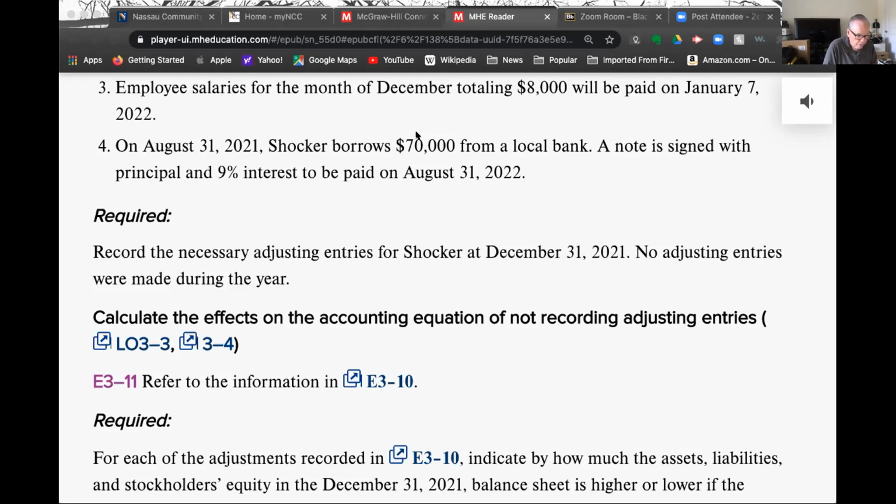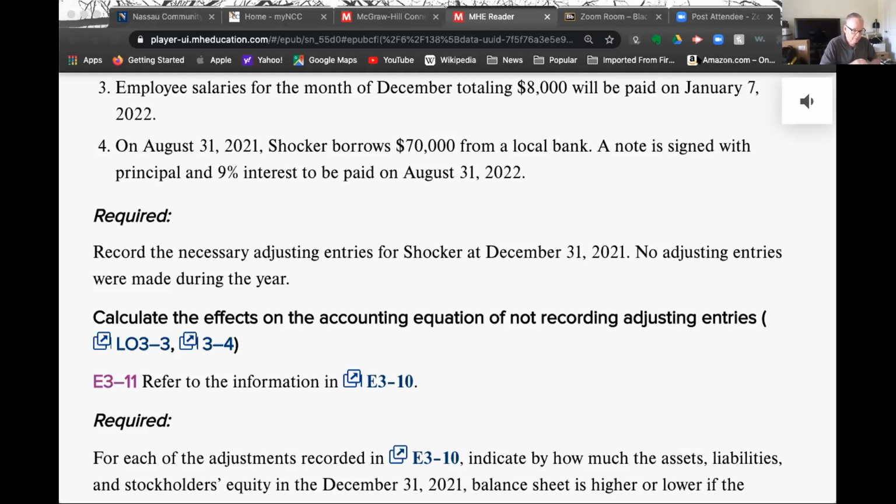Deferred revenue is credited. Debit cash, credit deferred revenue. So now what we want to do is show that we earned some of that deferred revenue. So we're going to debit deferred revenue and credit service revenue.